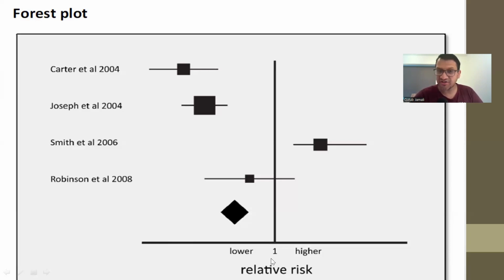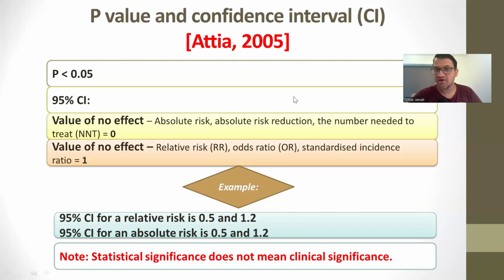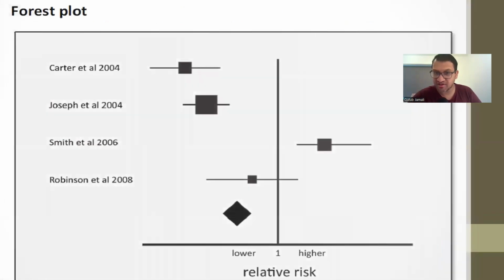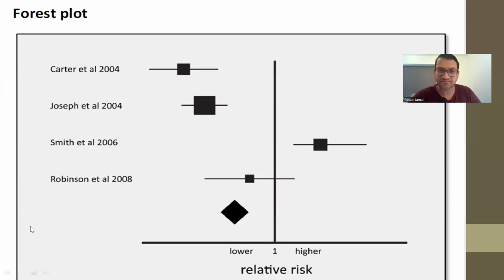So as mentioned in the previous slide, relative risk, the value of no effect is 1. Okay, so that is something you need to keep in mind. Value of no effect for relative risk is 1, and that is what you can see here. This is the value of no effect.